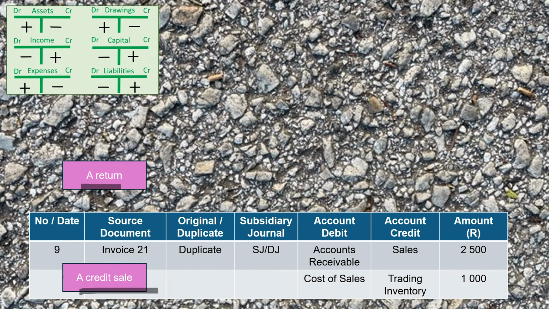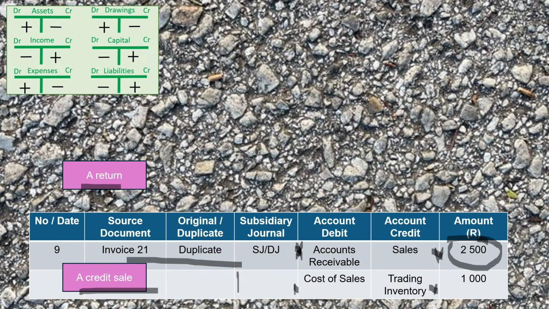Now, a credit sale, I'm going back. This stock was sold to the school, 2,500. The account that was debited was accounts receivable, sales. This is a credit sale. Debit cost of sales, credit trading inventory, and that was recorded.